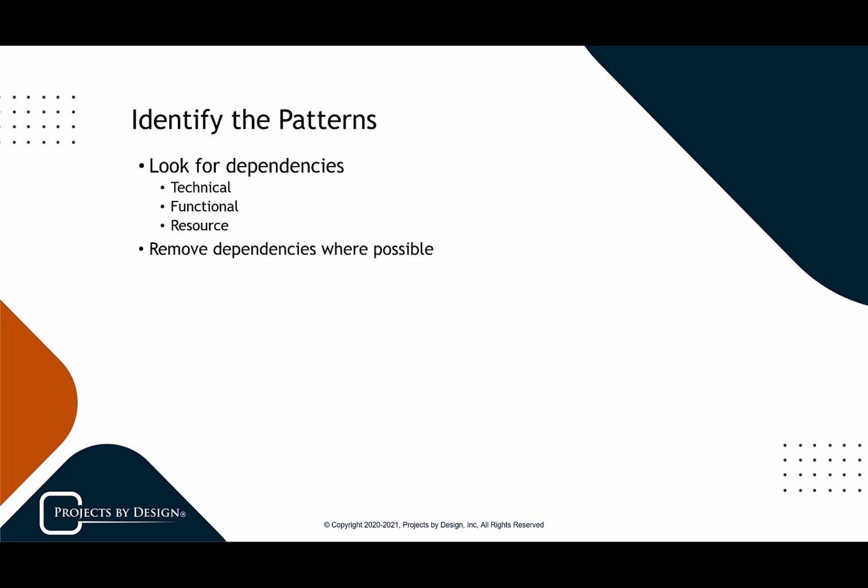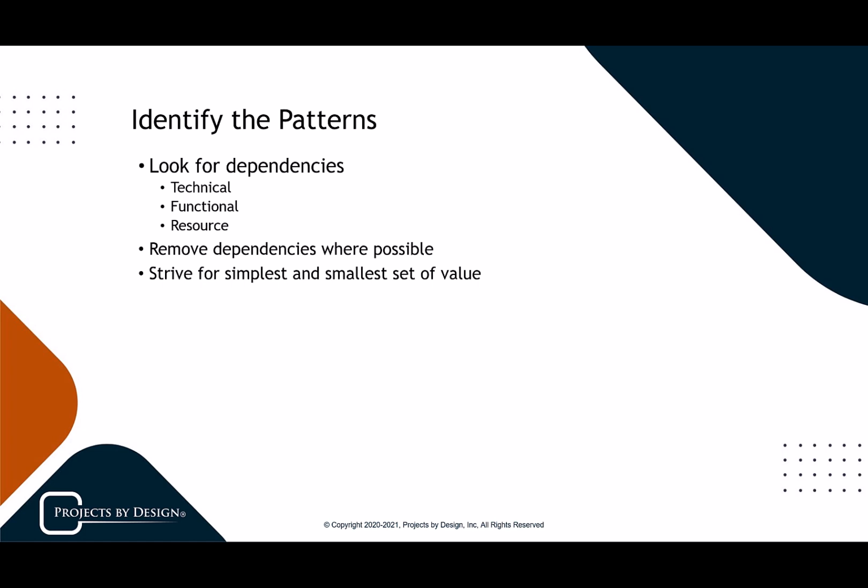And then remove those dependencies where possible because of that small batch, large batch dilemma. As much as we can remove dependencies, we're going to work those things through. And we're going to strive to package up the smallest, simplest set of value and then build on that.